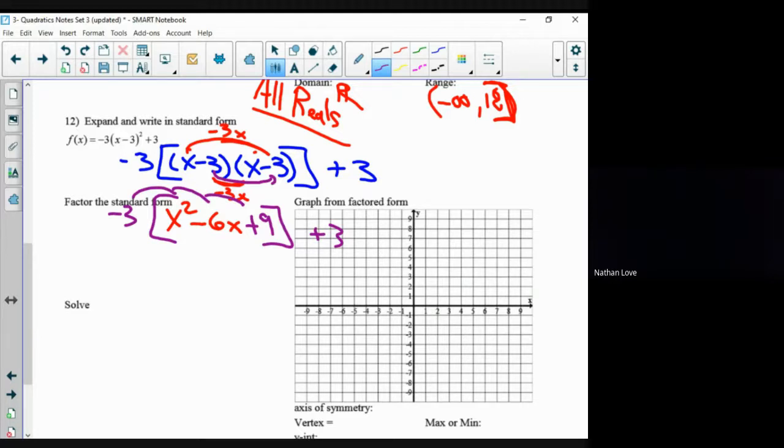Yep. Pull that -3 up. You do it. Take -3 times -3 equals this. After that, pull -3 out of each of those. Start back.